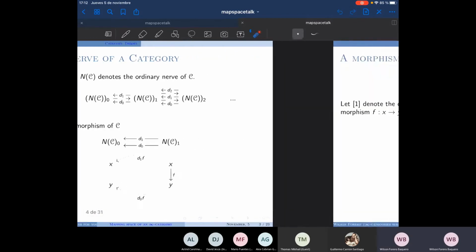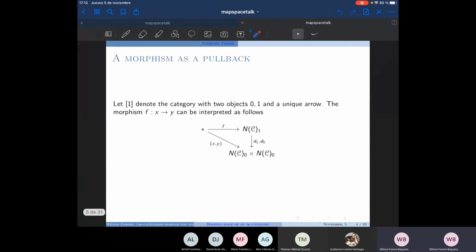So we need to reformulate this to construct a diagram, and in that way we can construct the set of morphisms between two objects in a category. So consider 1, the category with two objects and a unique arrow. A morphism in a category is just a map from the category with one object to the set of morphisms of the category.